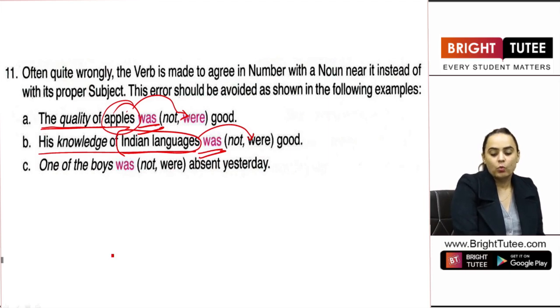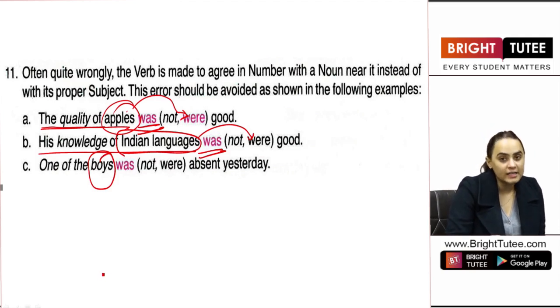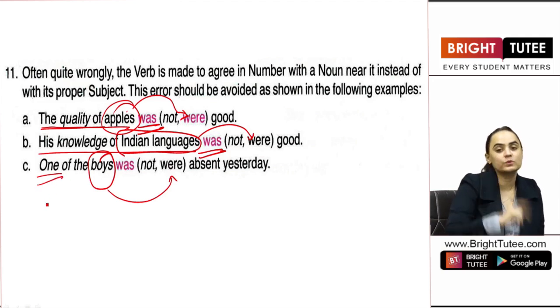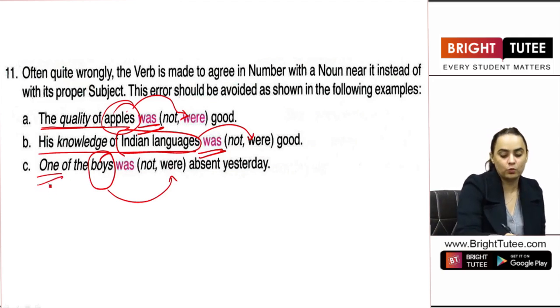Similarly, one of the boys was absent yesterday. Again, the same thing. The kids usually mistake boys to be the subject and they use the verb were with it. However, my subject is one, and with one we use was.